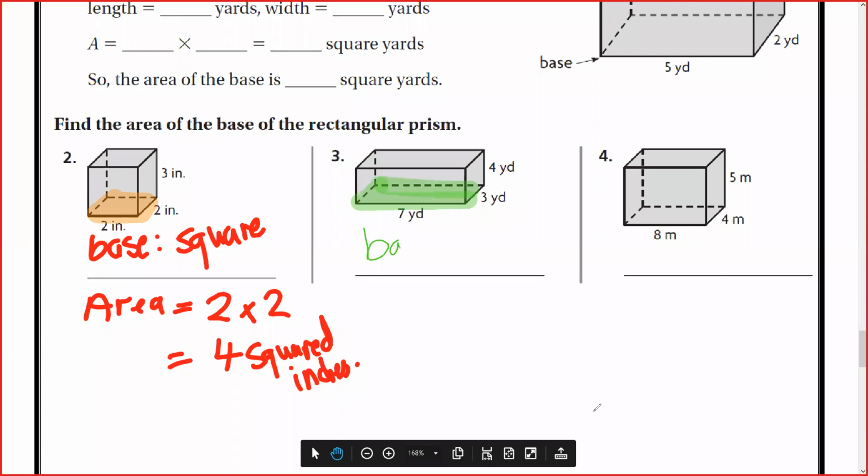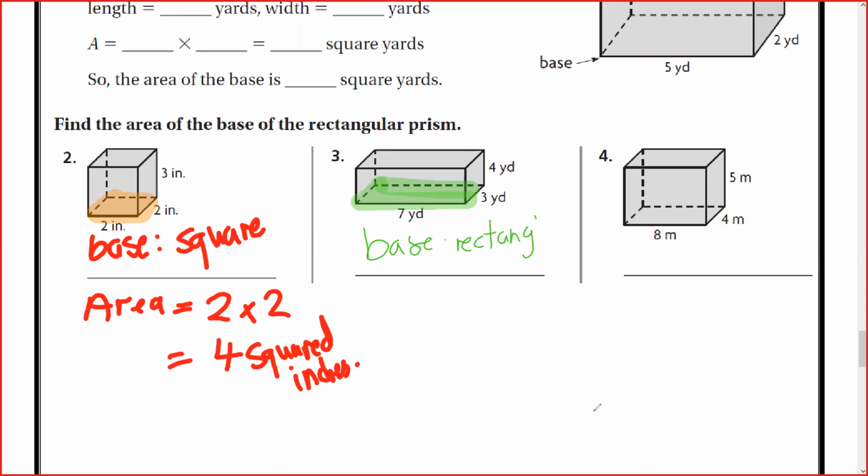So the base is a rectangle. Now, how can I find the area here? Seven times 3, 21 square yards. Don't forget the unit. And don't forget that if I'm talking about the area, I must write square yards.